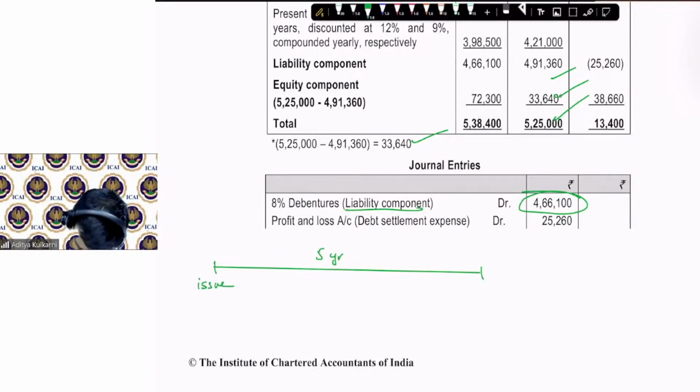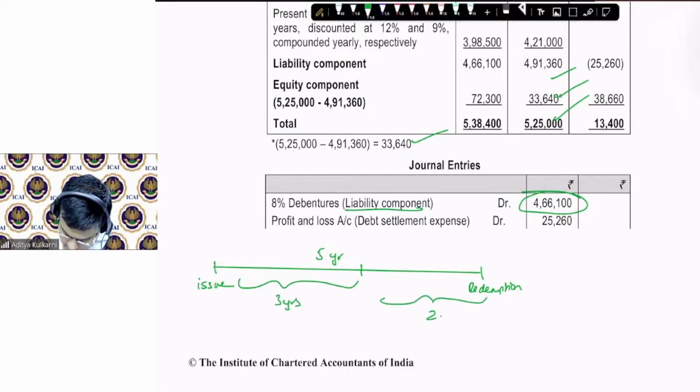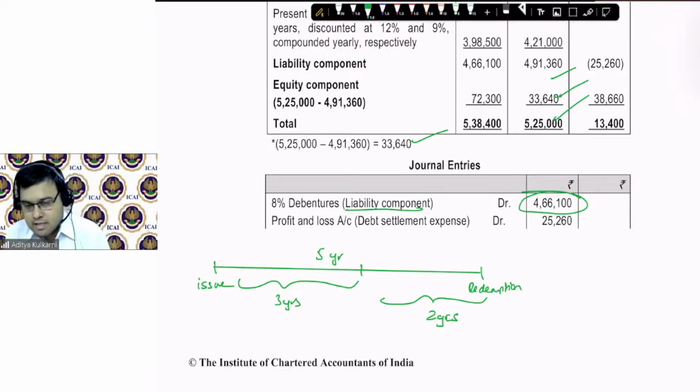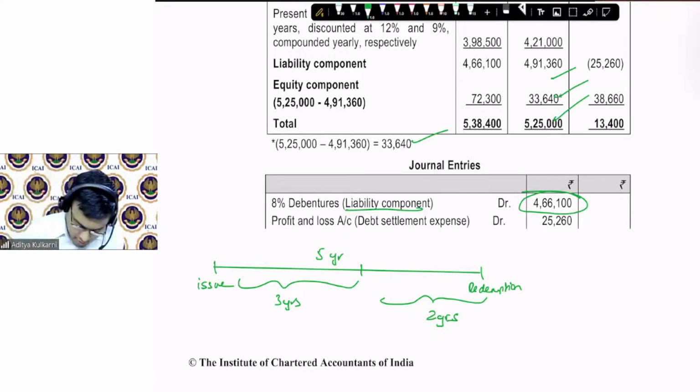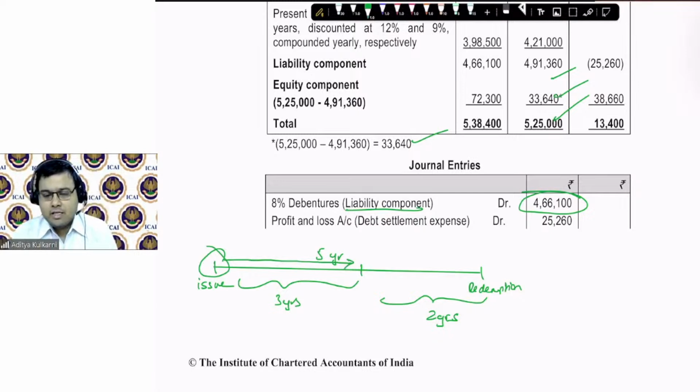Issue, redemption, and somewhere in between you have opted for early redemption. So this is 3 years and this is 2 years. What we have done is, we started from the issue date and proceeded in this direction to arrive at the general ledger balance, the liability component balance at the beginning of the 3rd year.